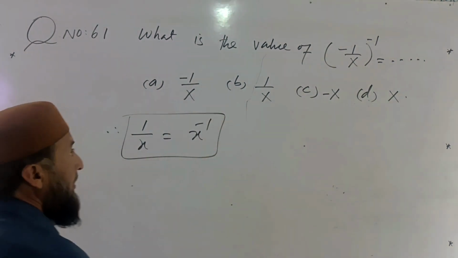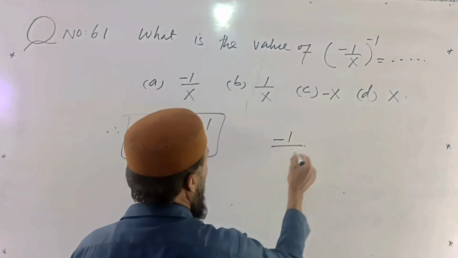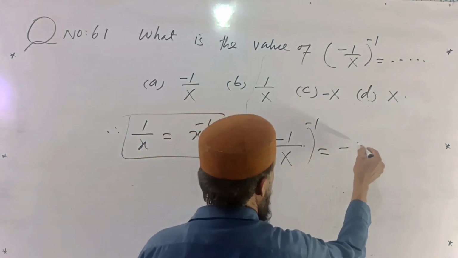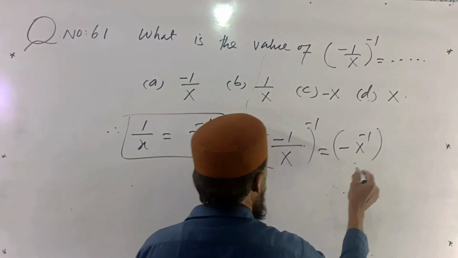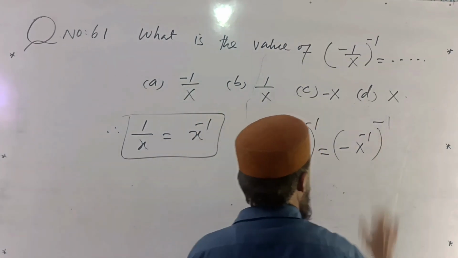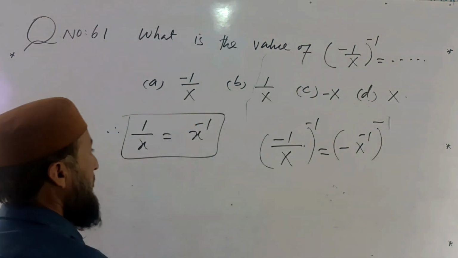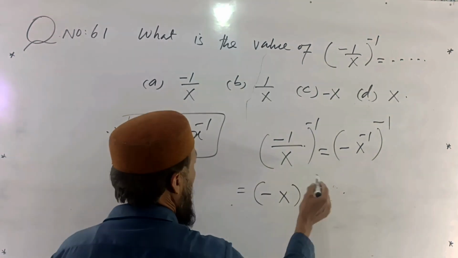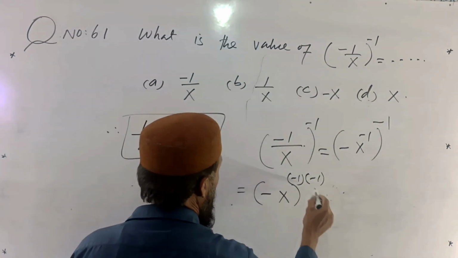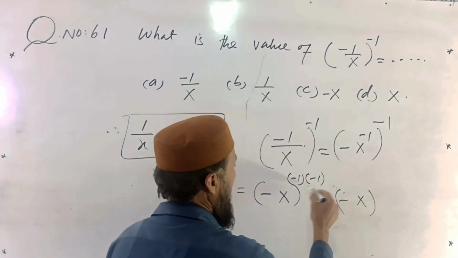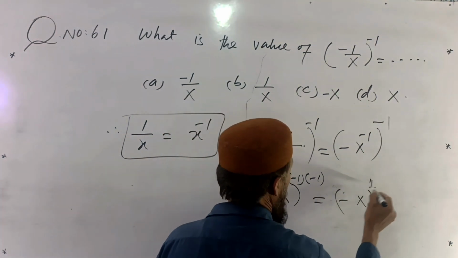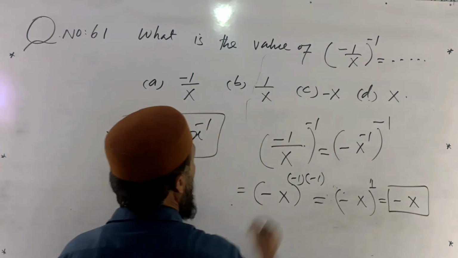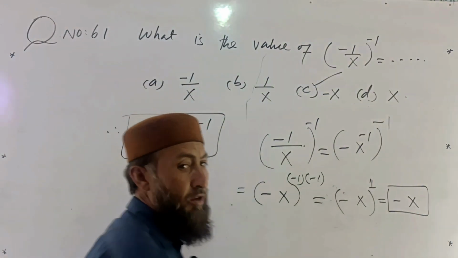Here it is minus 1 over x whole power minus 1, so we write it as minus x to the power minus 1, whole power minus 1. Minus and minus multiply, so we get minus x. Minus x is the correct answer. So C is the correct answer.